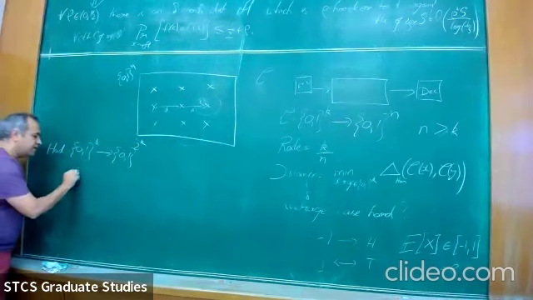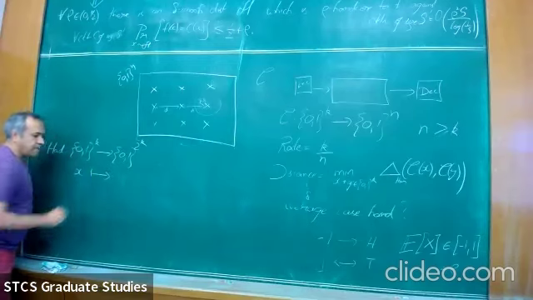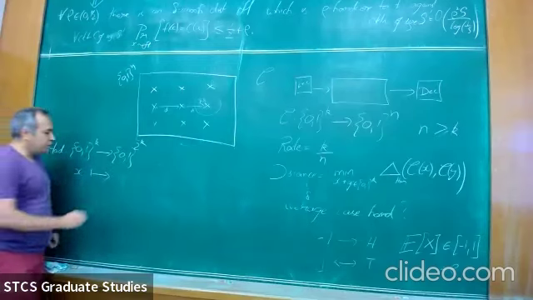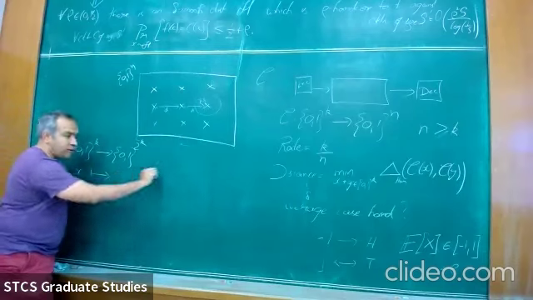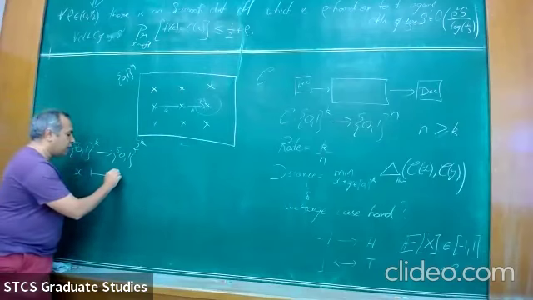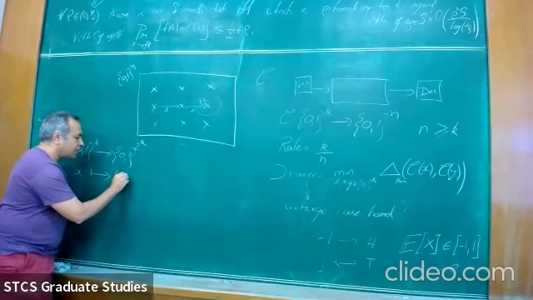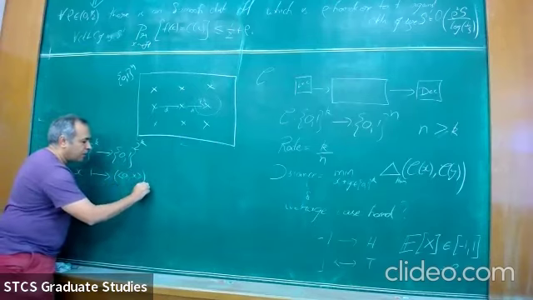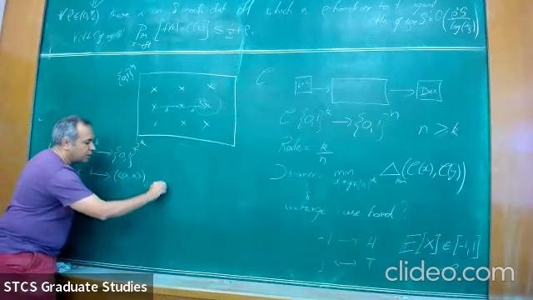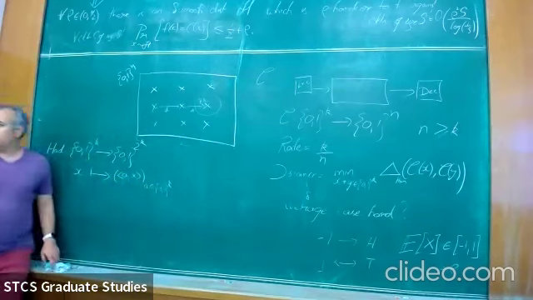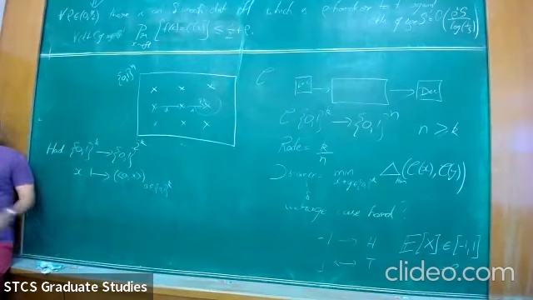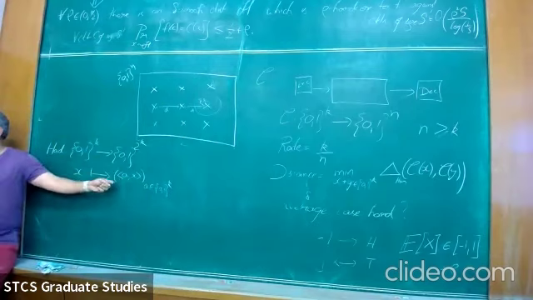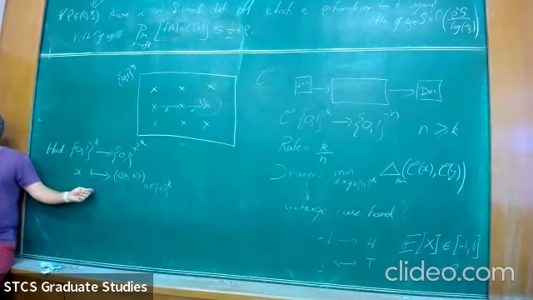It takes any symbol x and outputs a 2 power k long string. What is that string? It gives me the dot product of x with every string a in 0,1 to the k. It has 2 power k bits, and these are those 2 power k bits.